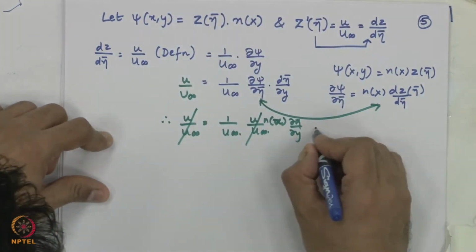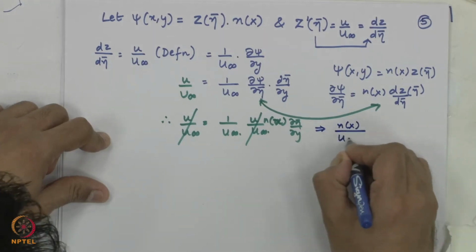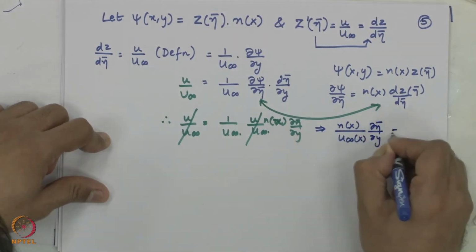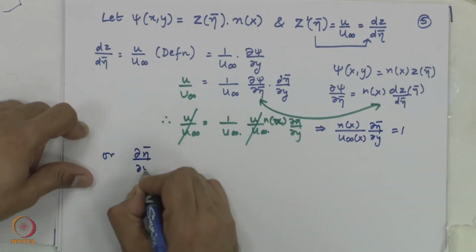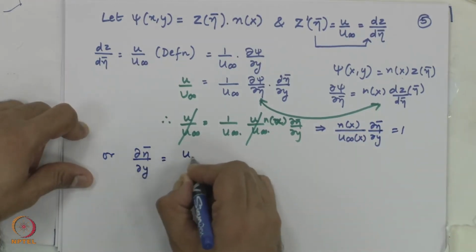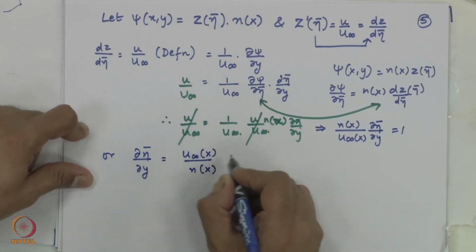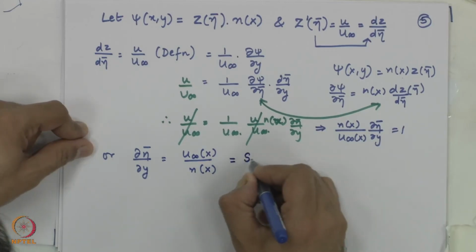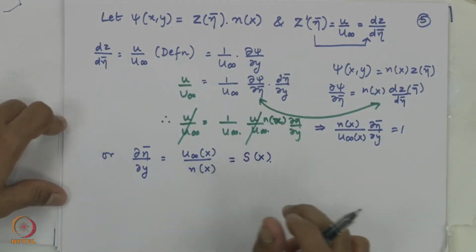So, I would write this as n of x divided by u infinity of x, d eta bar by dy equal to 1, or in other words, d eta bar by dy is equal to u infinity of x divided by n of x, and this is nothing but your s of x. So, we will call this a stretching factor.